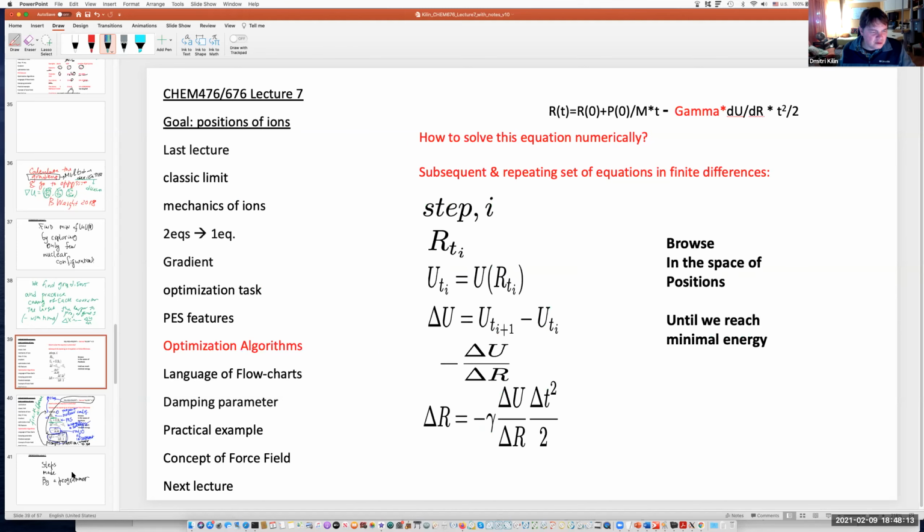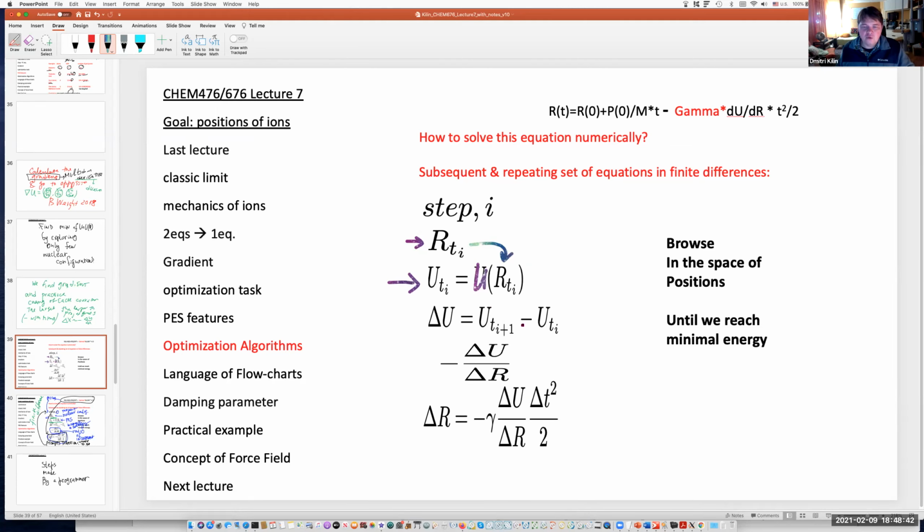And here I'm going to introduce how it works. This browsing in the space of positions. So at some step we have a position, then we suppose we have either a force field or electronic software that computes the electronic problem and gives the value of the potential energy surface only for this position once. So we do not need terabytes, we just do it once.